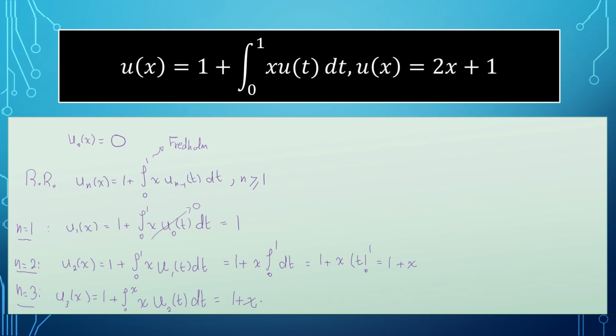Again, the x will be out of the integration from 0 to 1, not from 0 to x, sorry. u2, which is 1 plus t, dt, and that will give us 1 plus x times t plus t squared over 2, from 0 to 1.